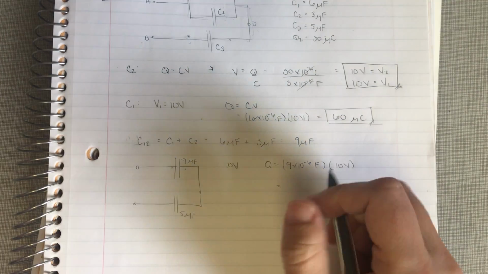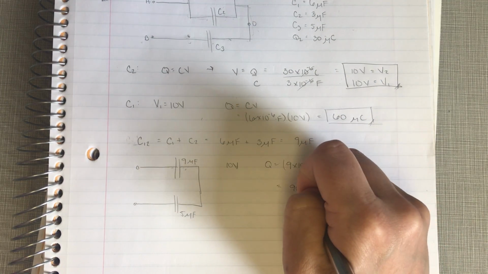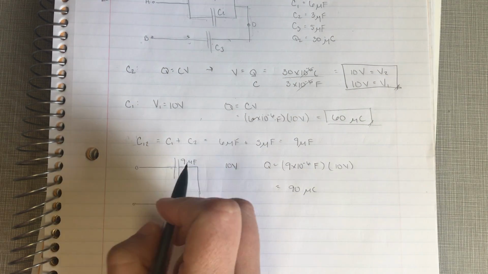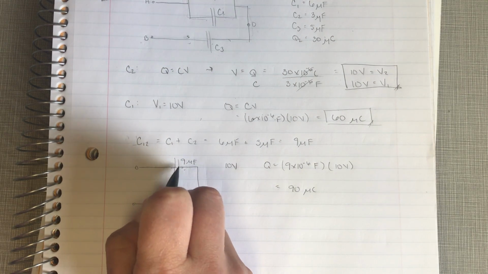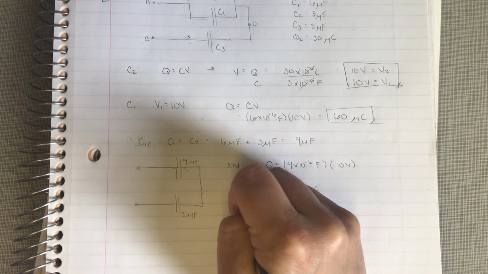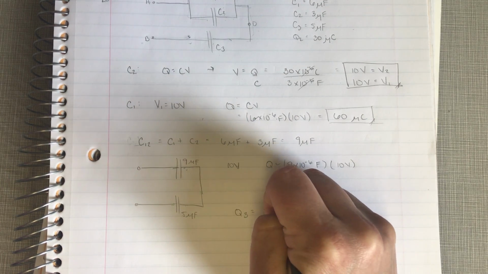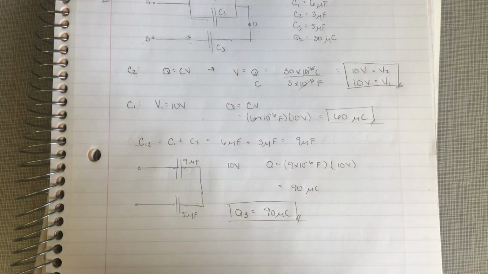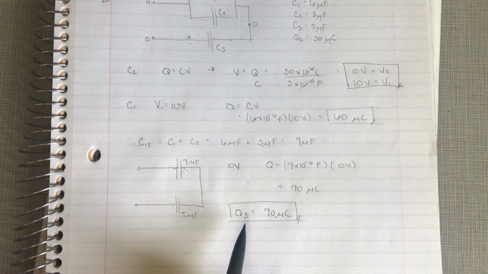So the total charge that goes across there is 90 microcoulombs. So that means if these dudes have 90 microcoulombs, then these dudes have to have 90 microcoulombs because they're in series. So Q3 is 90 microcoulombs.